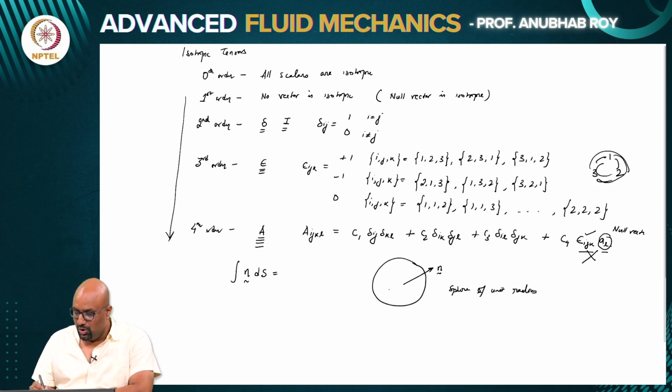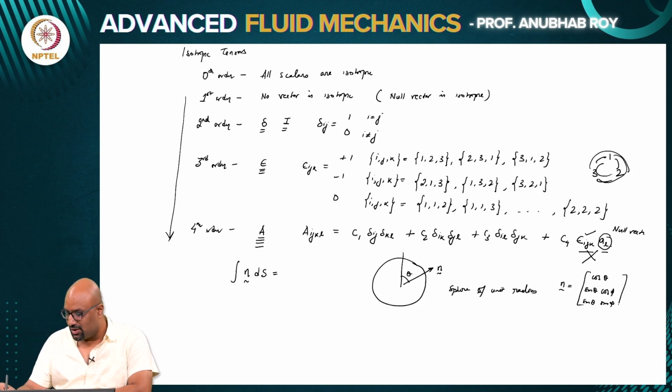So, n is the unit normal to this sphere, which if you write in terms of spherical coordinates in its Cartesian coordinate, but expressed in terms of the polar angles, it would be cosine theta, sin theta cosine phi, sin theta sin phi. So, for a sphere, this would be the unit normal to that particular surface.